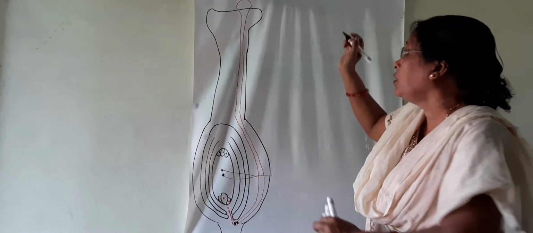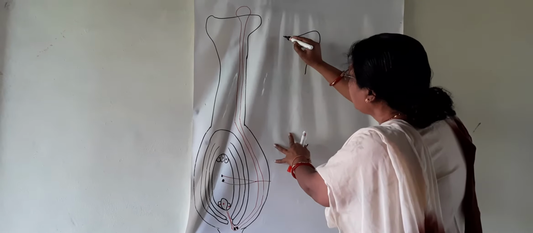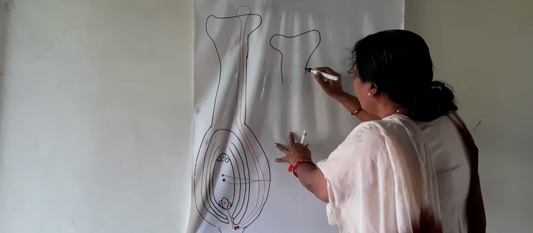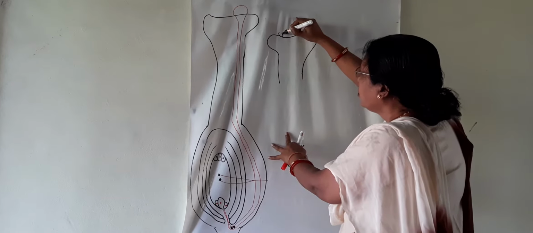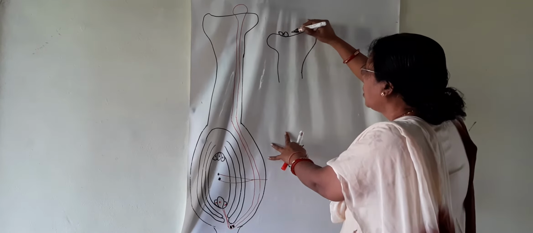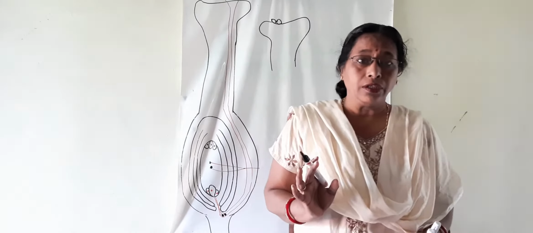Once the pollen grains fall on the stigma, this is the stigma, and the pollen grains fall on the stigma. It is the work of the stigma to recognize the right type of pollen grain.